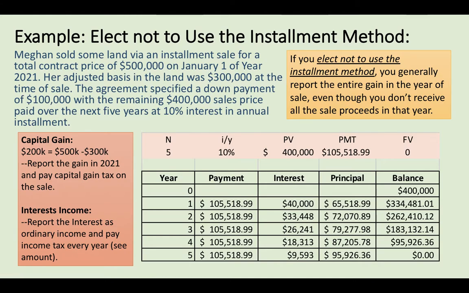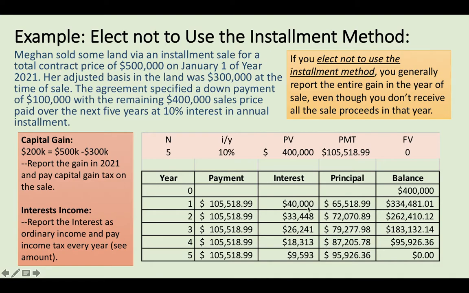So basically, when you do not use the installment method for the year you sell your property, you have to recognize the entire $200,000 gain. In the year of sale, you don't recognize any interest.